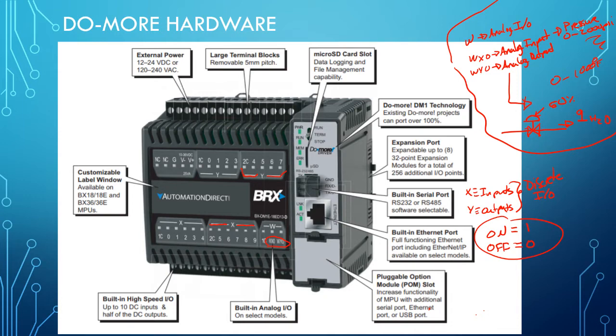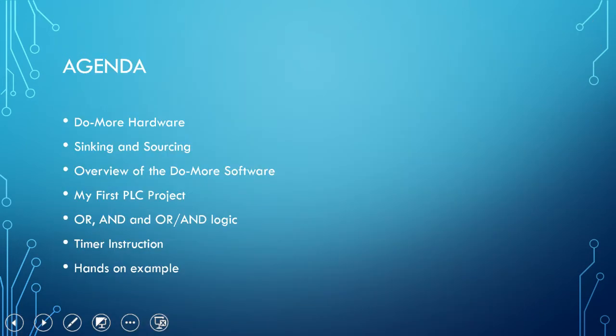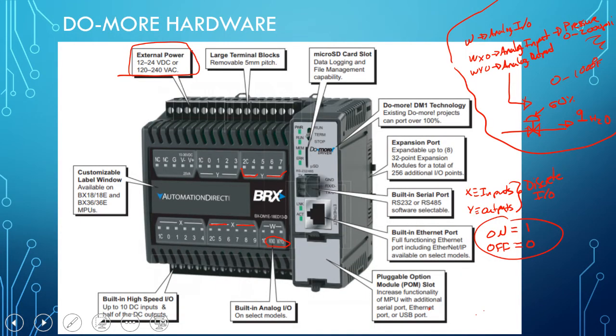So going back to the PLC, we got over here external power to the PLC. We apply power to the PLC. We also have terminal blocks here for your outputs. And then you got your terminal blocks over here for your inputs.